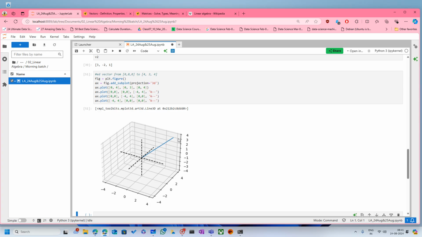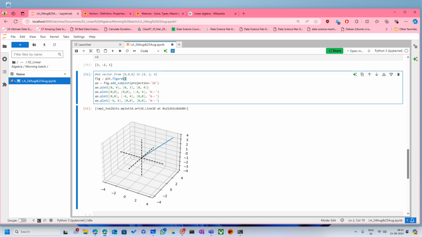So 4 comma 3 comma again 4 along the z-axis. If this was interactive, we will see interactive plotting when we talk about plotly. But for now, try to use your imagination. So it is pointing at 4 comma 3 comma 4.